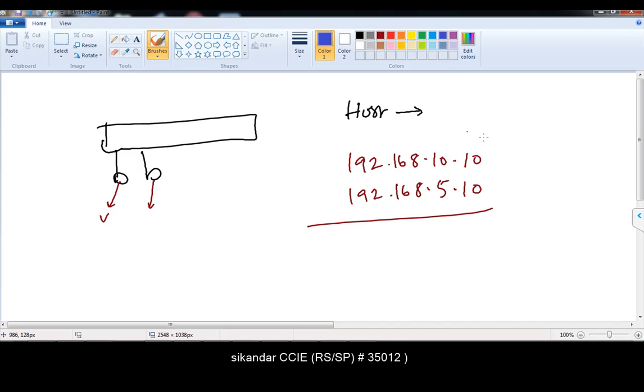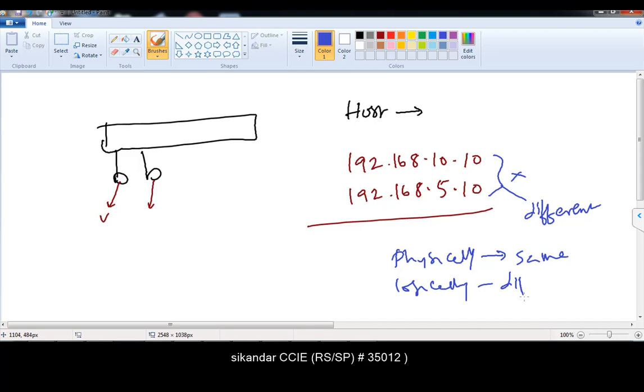The answer is they will not be able to communicate, because even though they are physically on the same network, physically meaning when you connect them they are both in the same LAN, logically they are in different networks, and they cannot communicate. Whenever you see any address, first you have to identify the class.